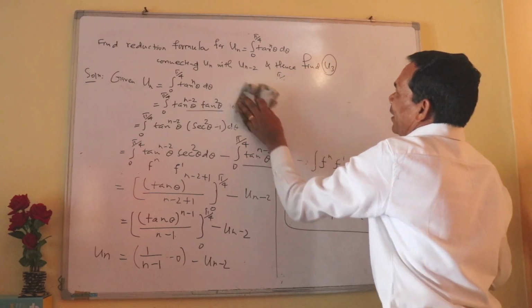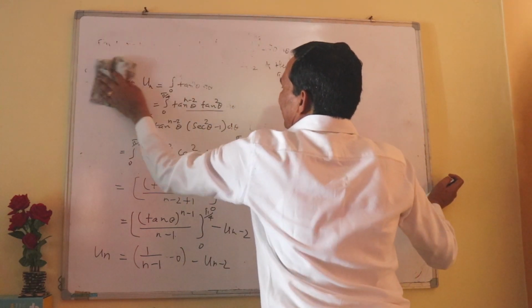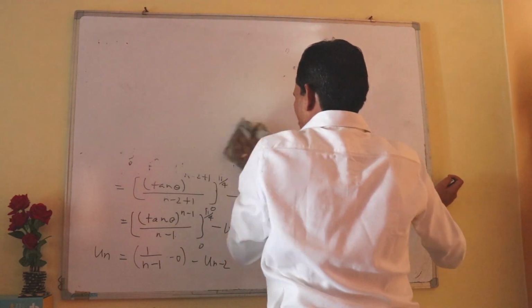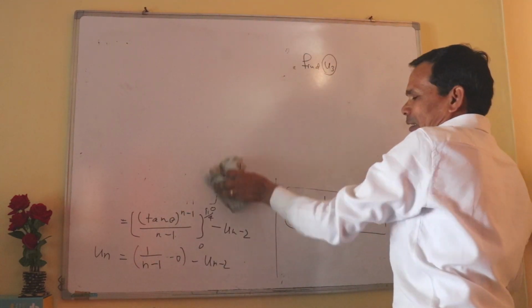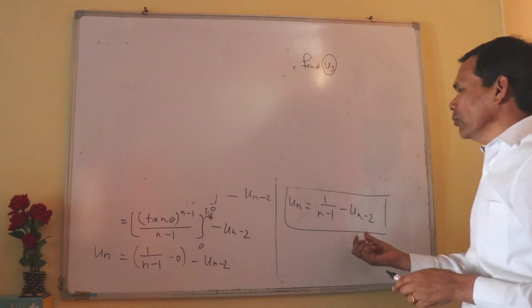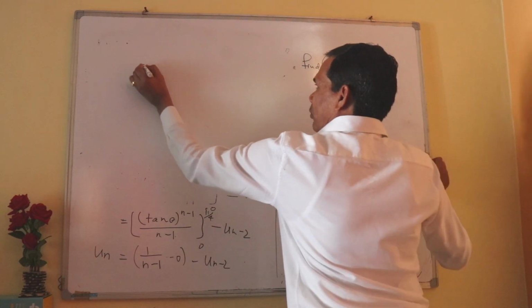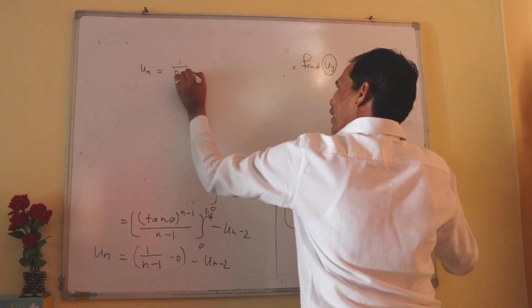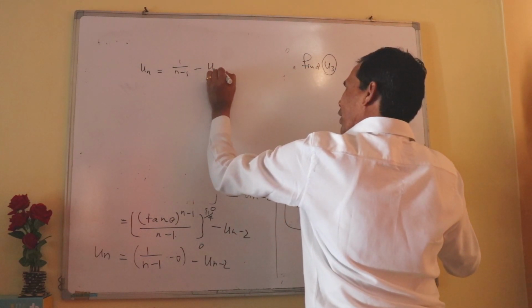Now if we need to find u3, how do we get it? Just put the value of n as 3 and keep on recurring that value, and you can work out u3, u4, u5 or u6. We have un equals 1 upon n minus 1 minus un minus 2.